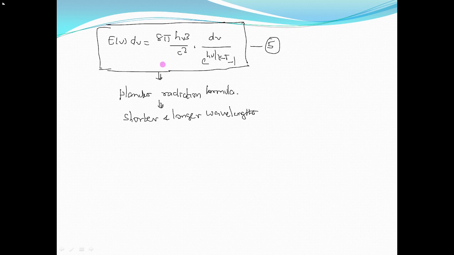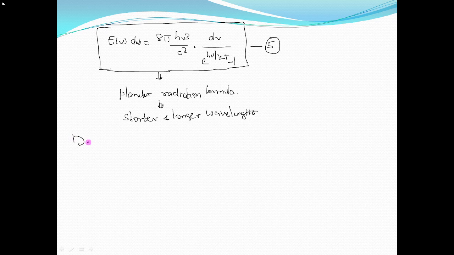So how do we believe that this expression holds good for longer and shorter wavelengths? If it can prove the black body laws, that is, if it can prove Wien's law and Rayleigh-Jeans law, then we can say that this holds good for shorter and longer wavelengths.